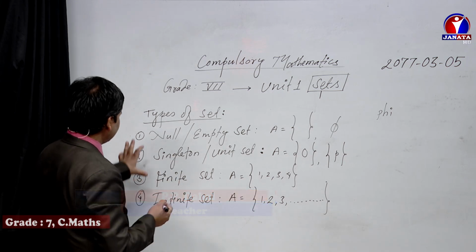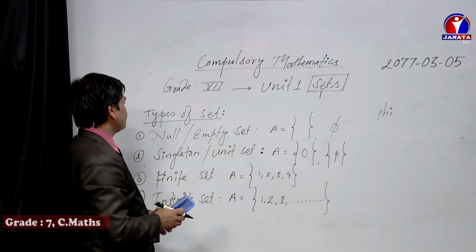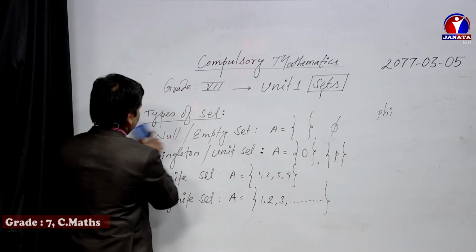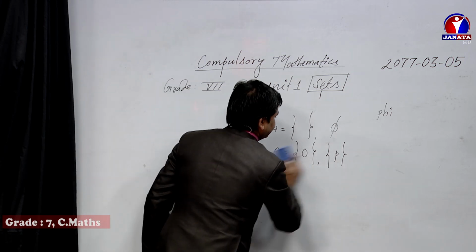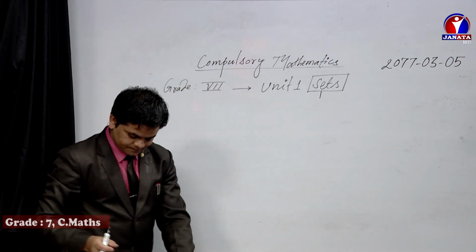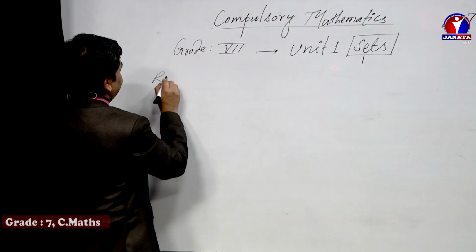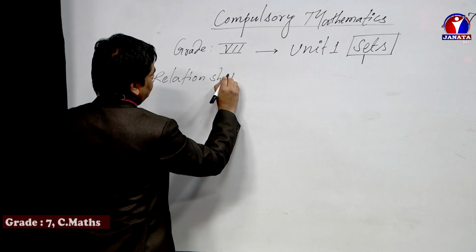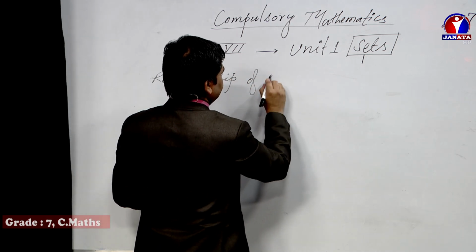Now, dear friends, these are the necessary types of set that we use while being in class 7. Now another thing to be understood by you while studying set is the relationship of sets.